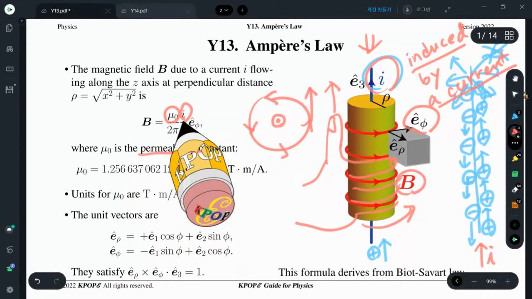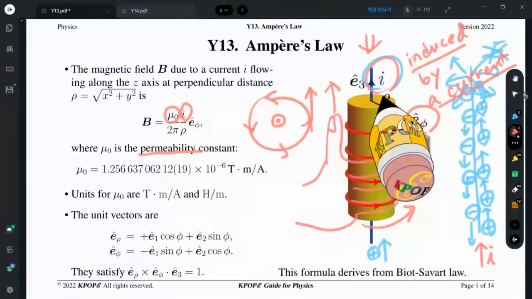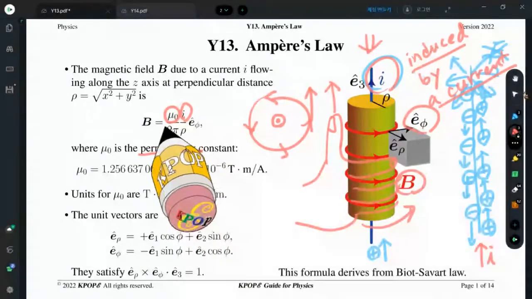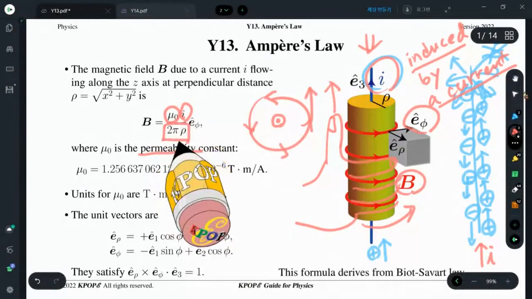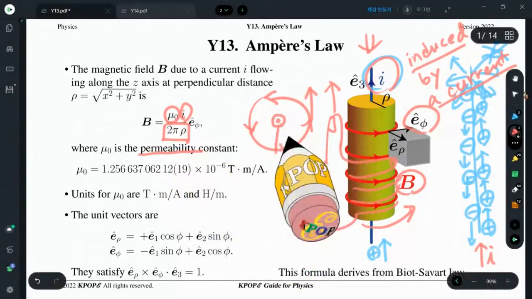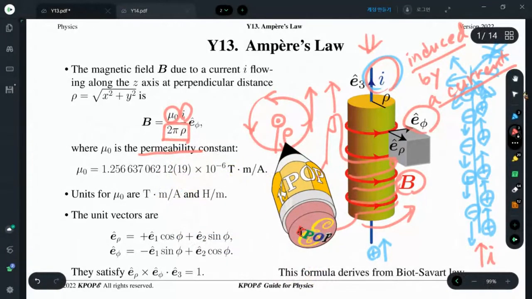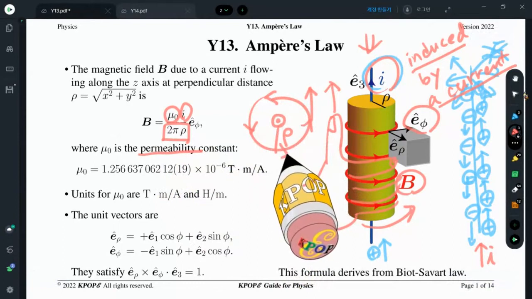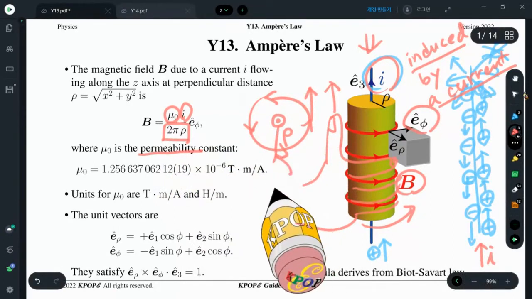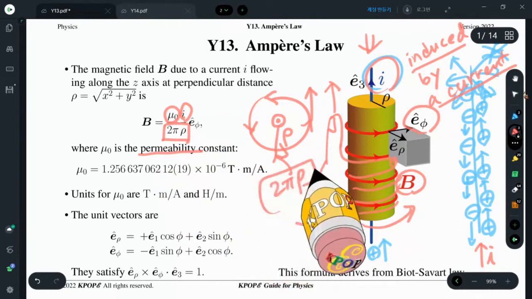Strength is proportional to the current, and the strength decays with 2 pi rho. You should be familiar with this. This is rho, the planar radius, and this circumference of the circle is 2 pi rho.